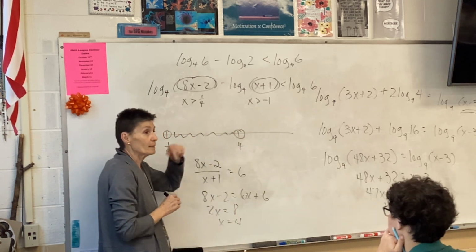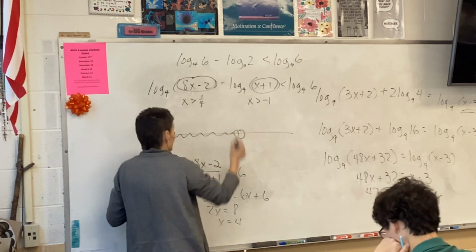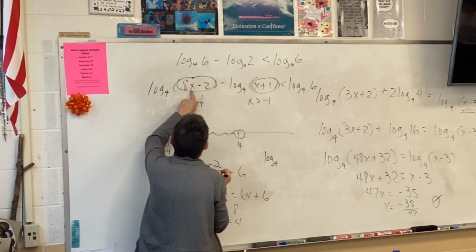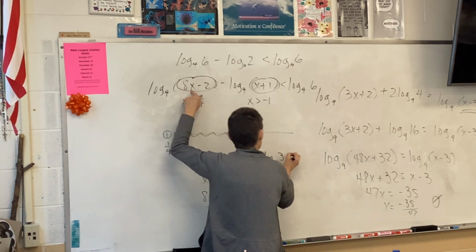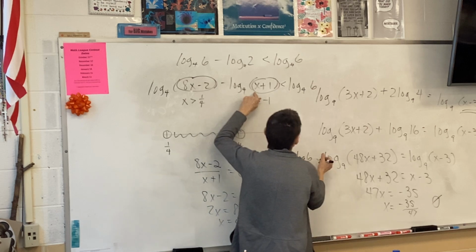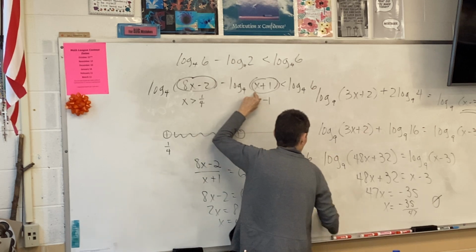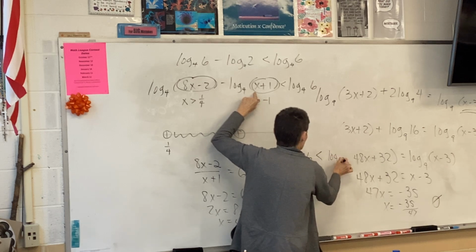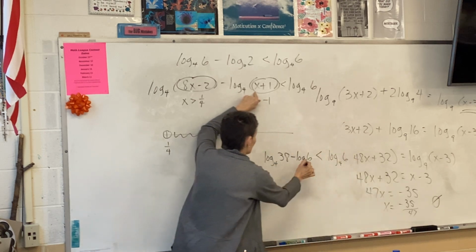Now what if I put in 5? Well, then it's going to say the log of, what is that, 38, minus the log of 6 is less than the log of 6.